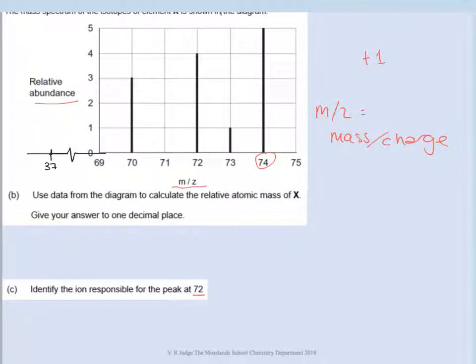Now if you're quite observant, you might notice that 37 is half of 74, and 74 is the most abundant ion. So if a 74 germanium ion gets a 1+ charge and travels through the mass spectrometer, it has a mass to charge ratio of 74 over 1. So 74 is the mass, 1 is the charge. So its mass to charge ratio can just be written as 74, and we get a peak at 74.